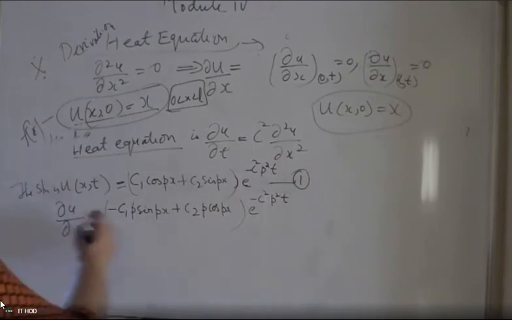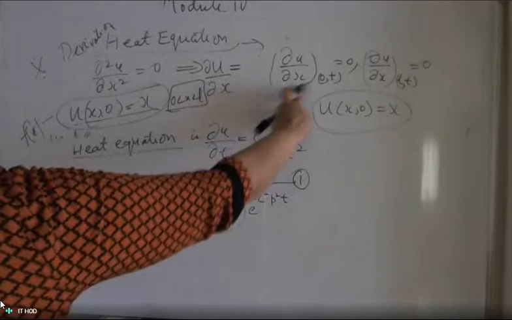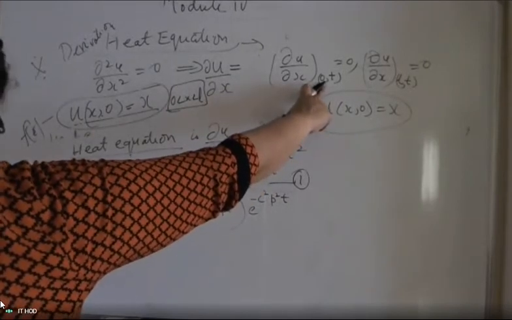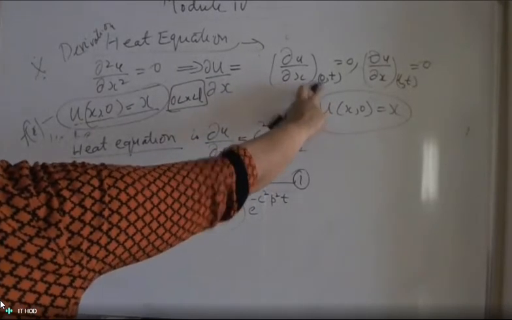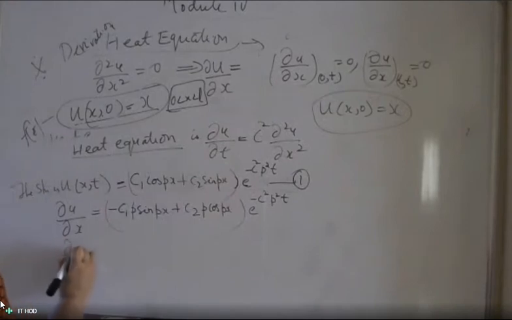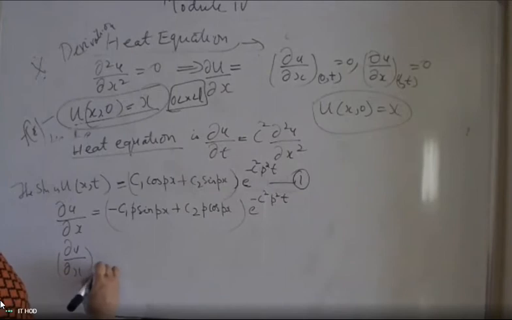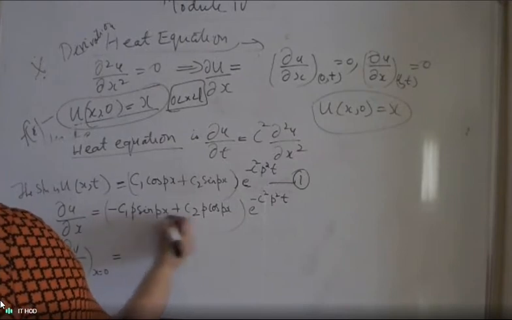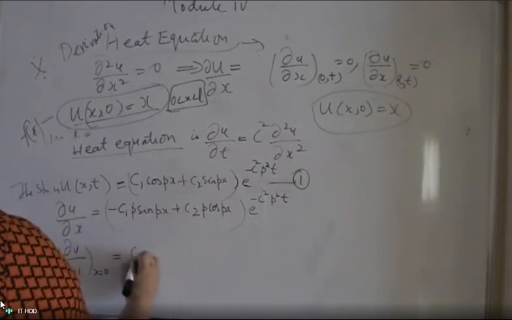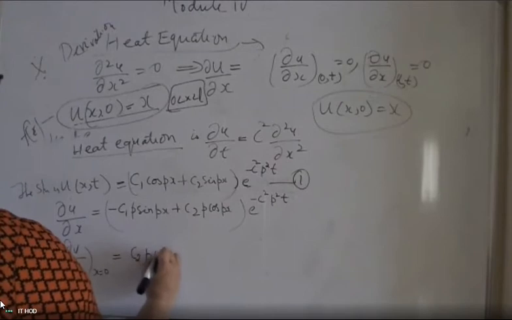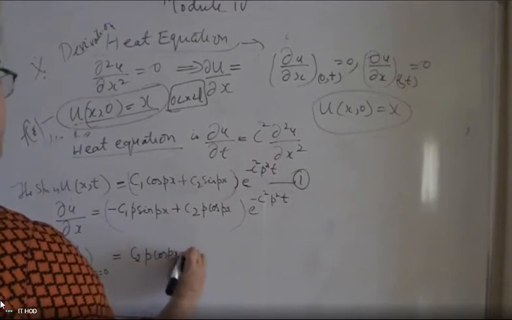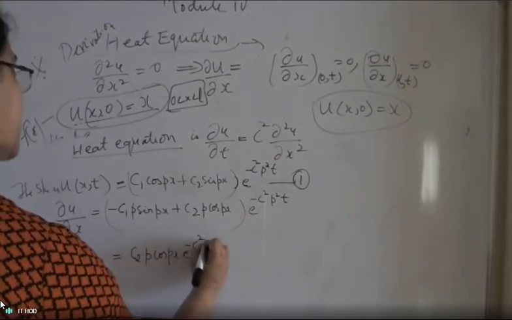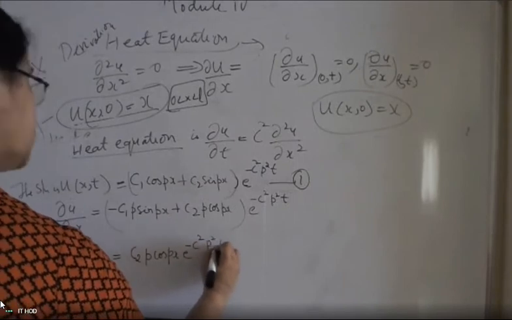Now, in order to use this condition, you have to put x equal to 0. So dou u by dou x at x equal to 0: sin 0 is 0, so this gives C2 p cos px e raised to minus c square p square t.